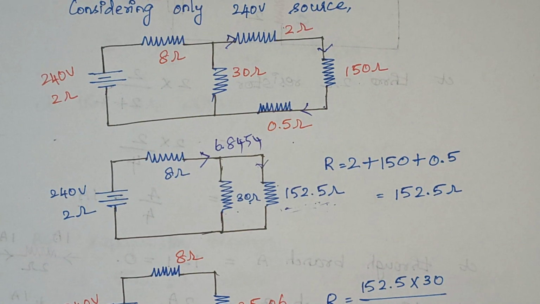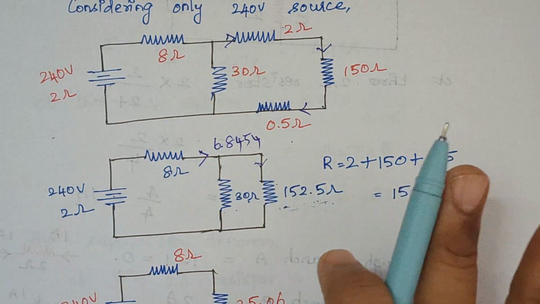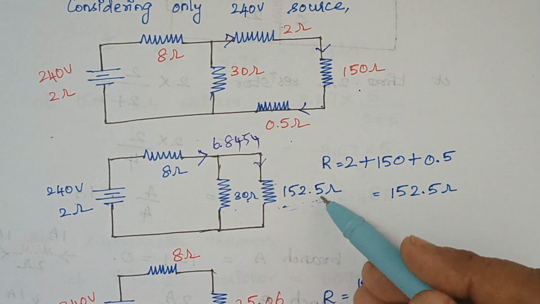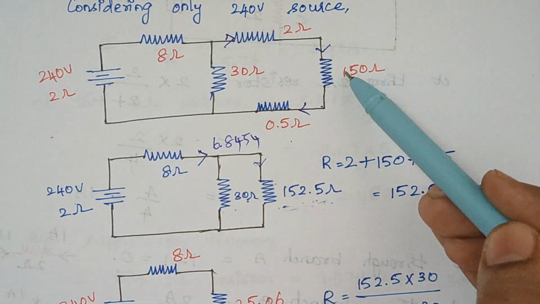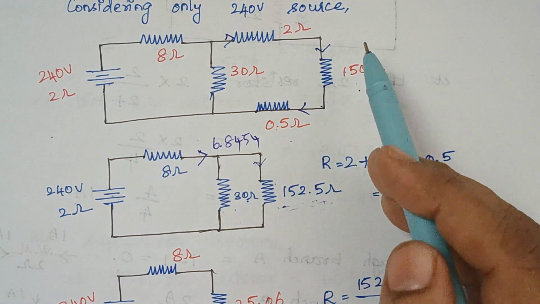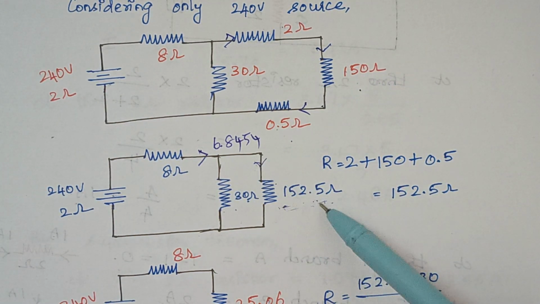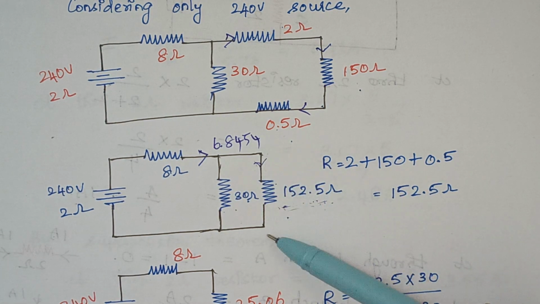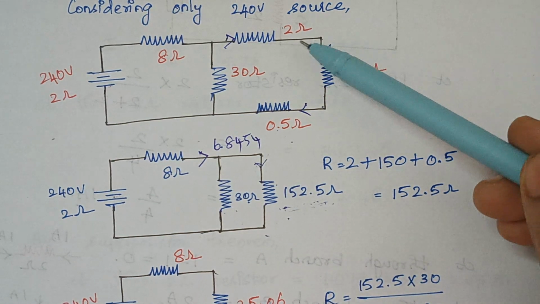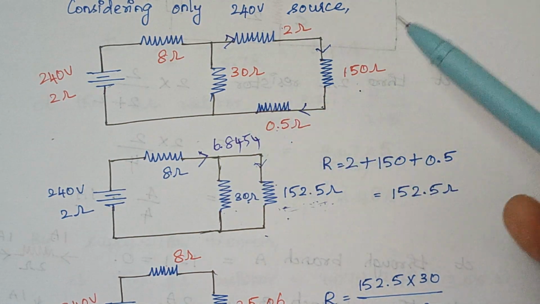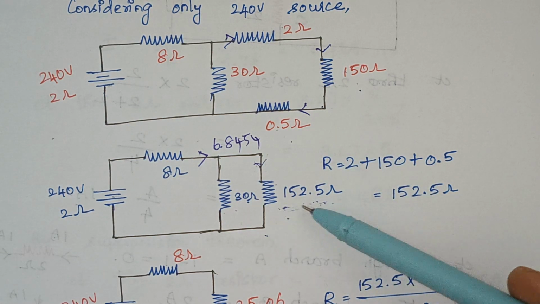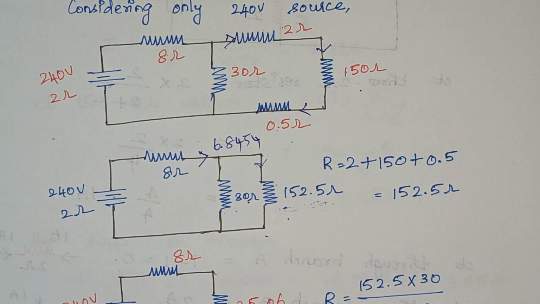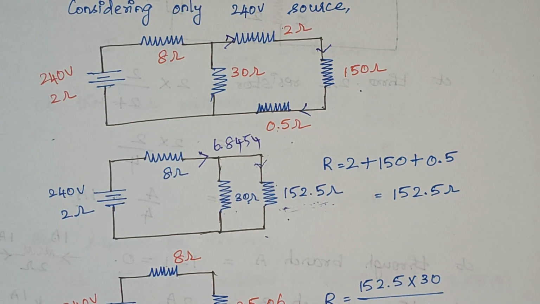That is, the current flowing through this 152.5 ohm is the same as the current that flows through this 150 ohm, because this 152.5 ohm is nothing but a combination of these three resistors, right? That is why we are calculating the current that flows through this 152.5, and we are saying that the current flowing through this resistor is the same as the current flowing through these three resistors. So we conclude the current flowing through this 152.5 ohm is equal to the current flowing through this 150 ohm resistor, right?